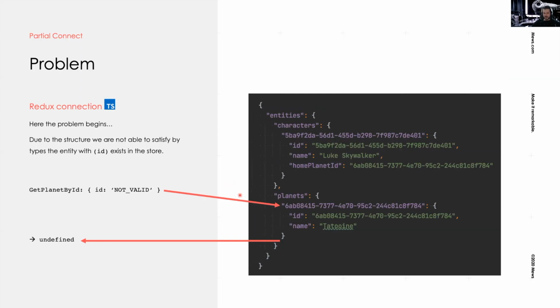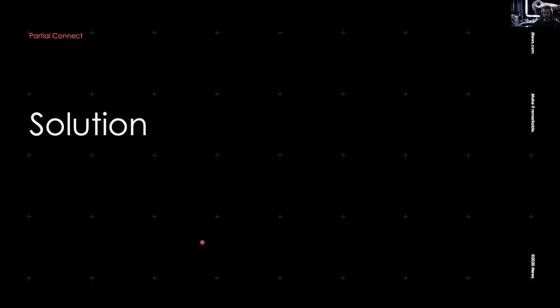It's not possible to satisfy via TypeScript that we are passing a correct or valid ID. Imagine that you send an invalid ID over there, and in this case, no entity will be found. So this will result in an undefined value.